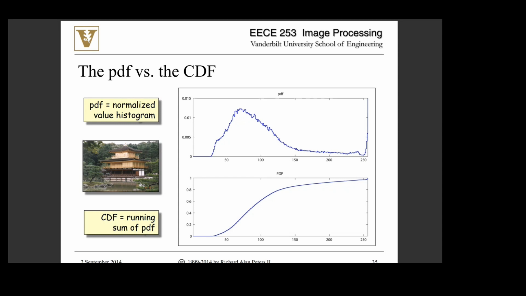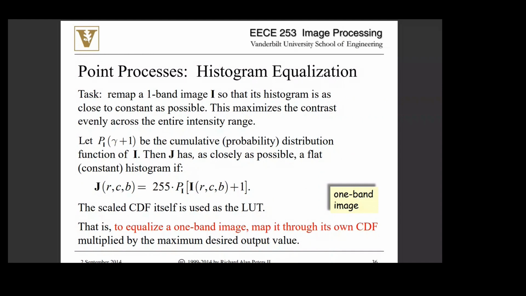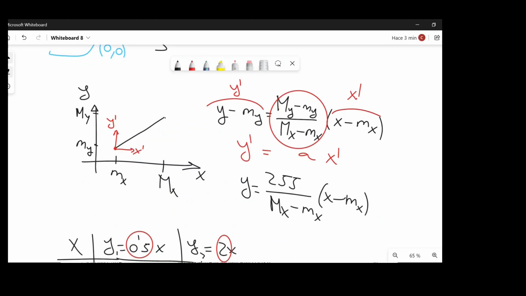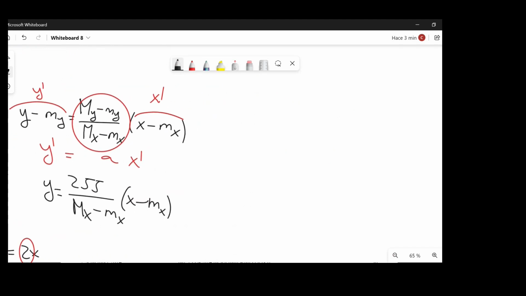So now you can use that function as the transformation. So now my transformation, instead of this one, will be this one. y will be 255 times the CDF of x.